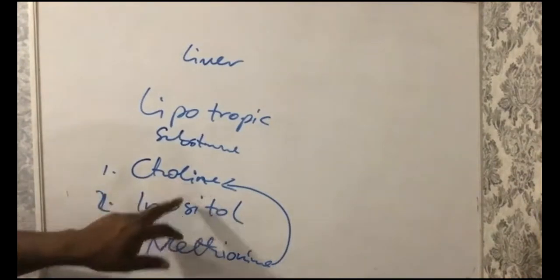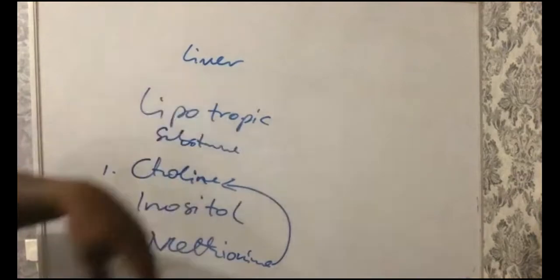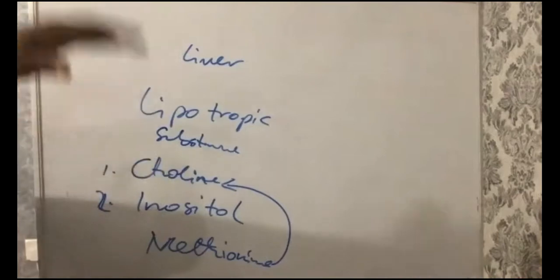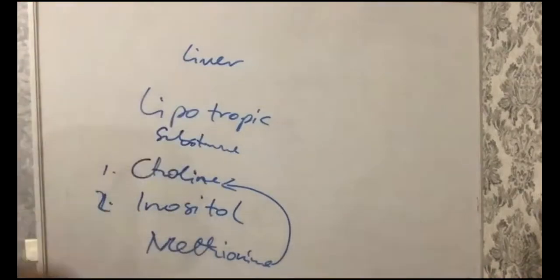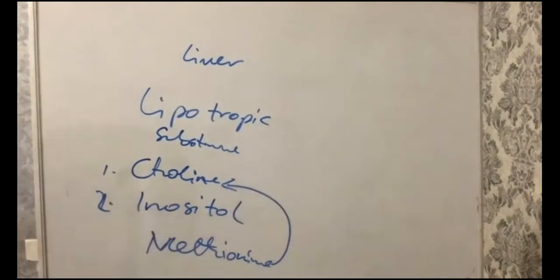This choline and inositol, their function is to carry fatty acids away from the liver, so that it can be used for energy elsewhere in the body. I hope you understand it. Yes. So lipotropic substances are just substances that export fat from the liver and prevent fatty liver diseases.